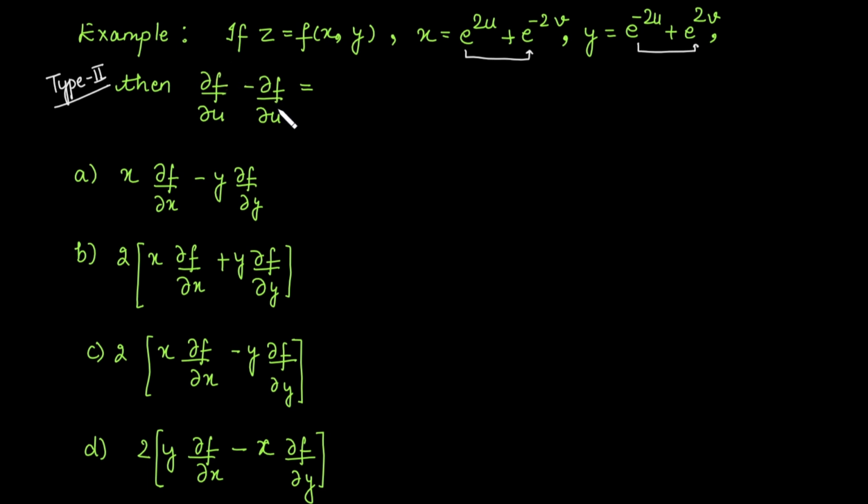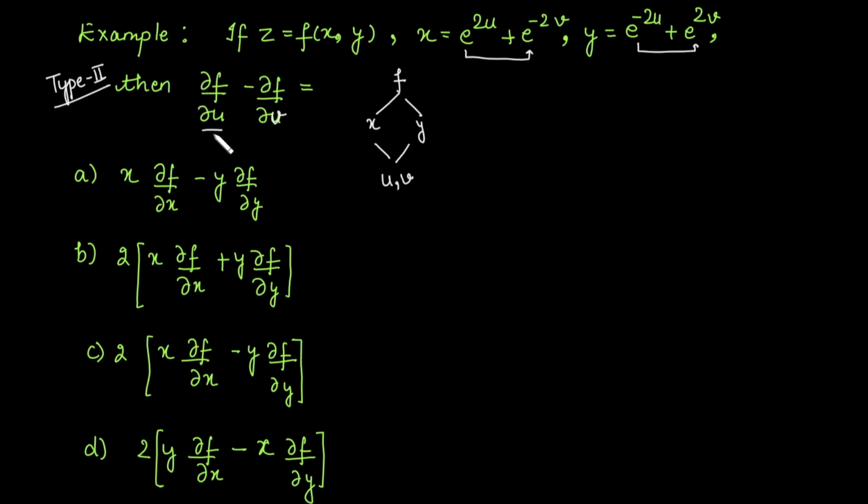Again, we will apply the chain rule in order to solve this question, as it requires the function derivative with respect to u as well as the function derivative with respect to v. As in this case, the function depends upon two variables x and y, and x and y further depend upon two variables u and v.